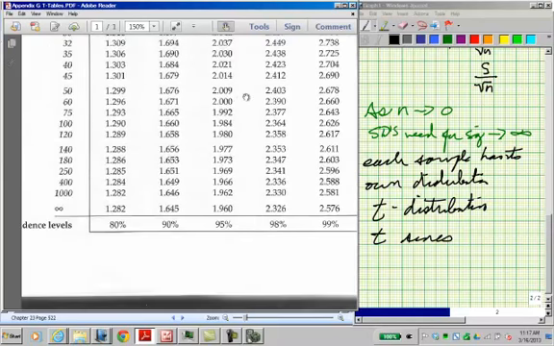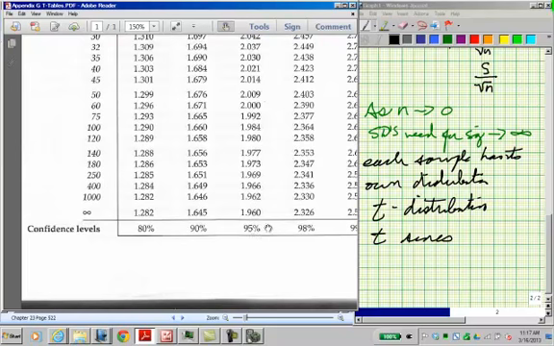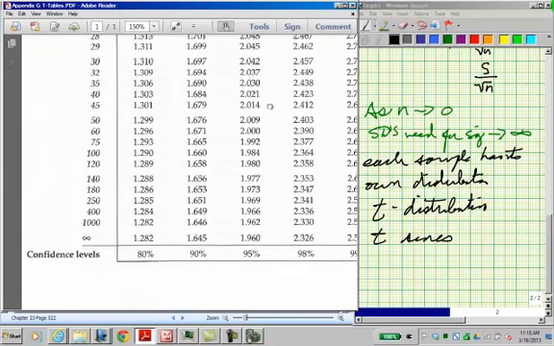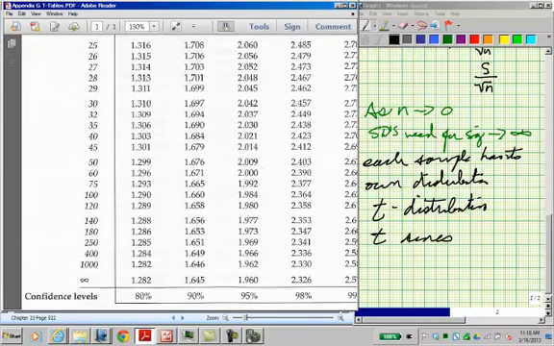If you have a sample size that's infinitely large and you want a 95% confidence level, here are the confidence levels, then you need 1.96 standard deviations. As n gets bigger, the distribution gets more and more normal.